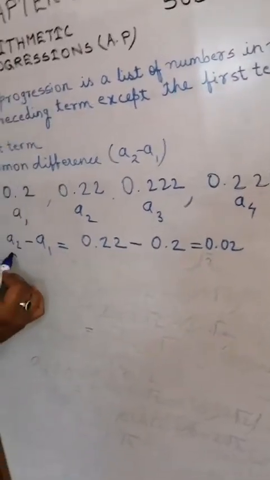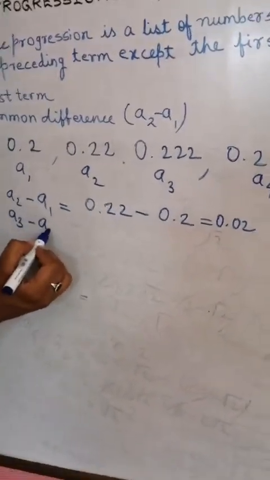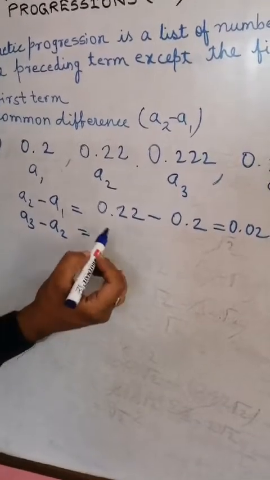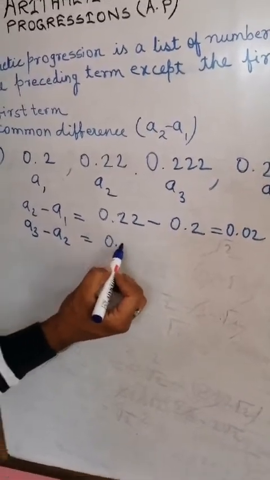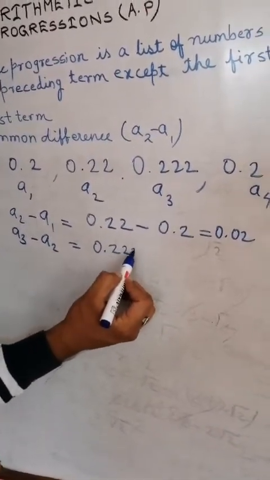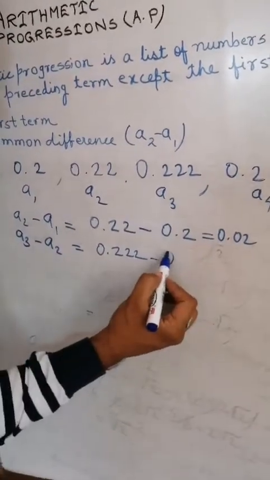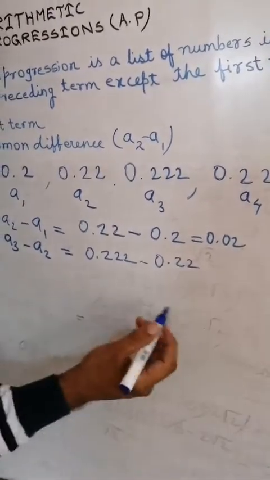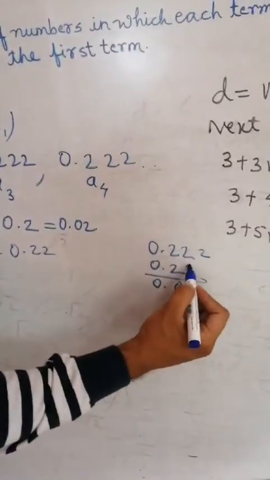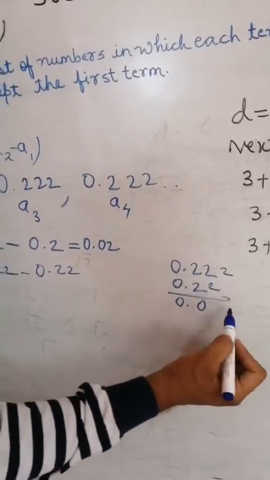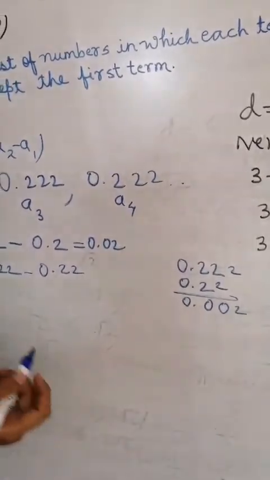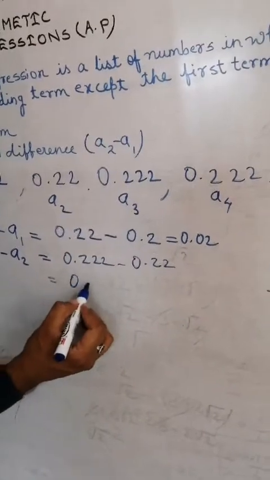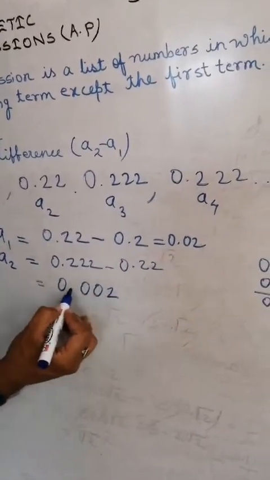Now A3 minus A2. We'll take here 0.222 minus 0.22. On subtraction with this number, we'll get 0.002.